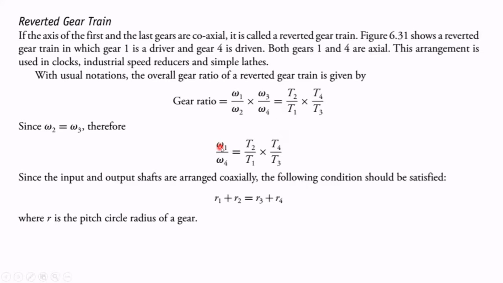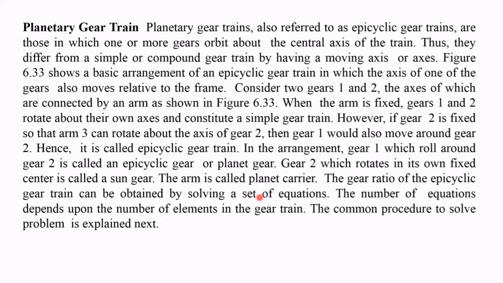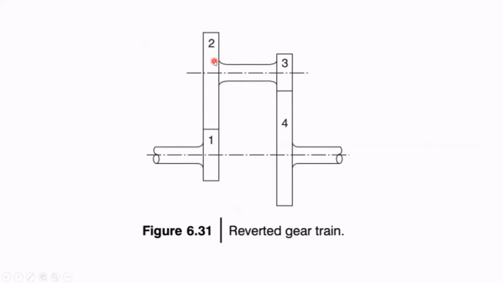Here, the gear ratio depends on the teeth on the four gears, T1, T2, T3 and T4. But we have a condition for a reverted gear train: the sum of the radii of the first and second gears should be equal to the sum of the radii of the third and fourth gears.